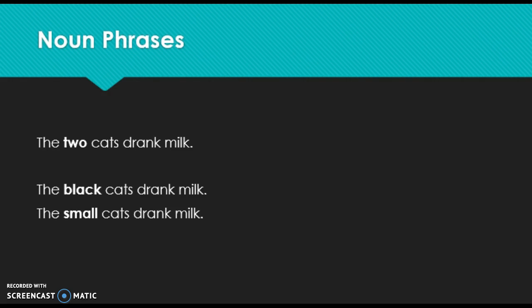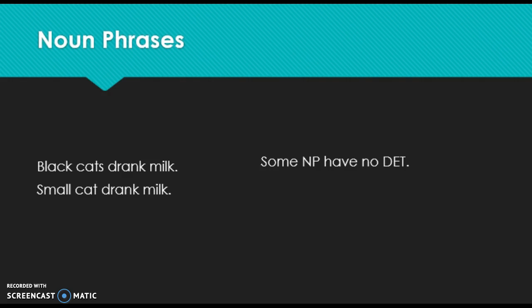However, the sentence doesn't express exactly the same thing, because unless you know the cats and you're looking at them, you might not know that they're black and small. So in this case, you can see how the 2 is showing up in an adjective slot, because in English, noun phrases can be determiner, adjective phrase, noun.